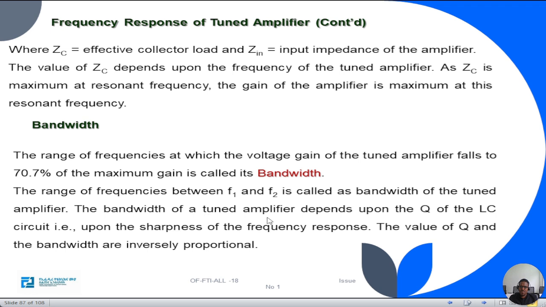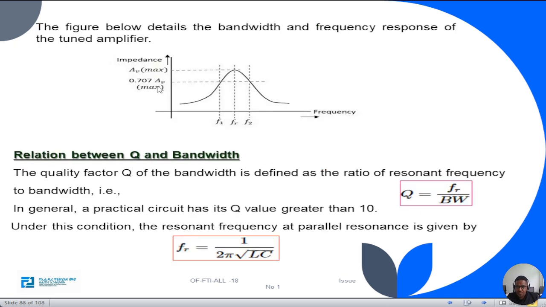The bandwidth of a tuned amplifier depends upon the quality of the LC circuit, that means upon the sharpness of the frequency response. The quality and the bandwidth are inversely proportional. So all channels or signals that reach this 70% in the tuned circuit pass, but cannot pass below this 70%.